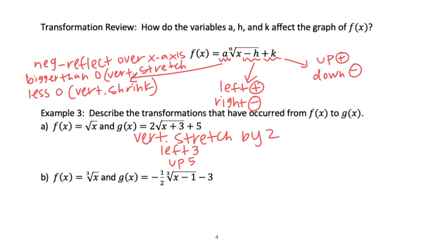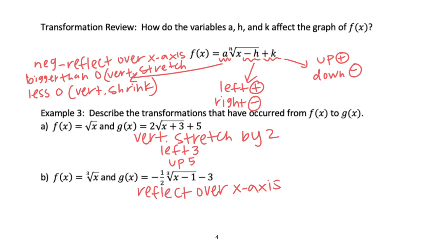All right, on the next one, there's some stuff happening. I see a negative in the very, very front. So negative in the very, very front tells me it reflected over the x-axis. There's also a fraction, a 1/2, which is less than 1.